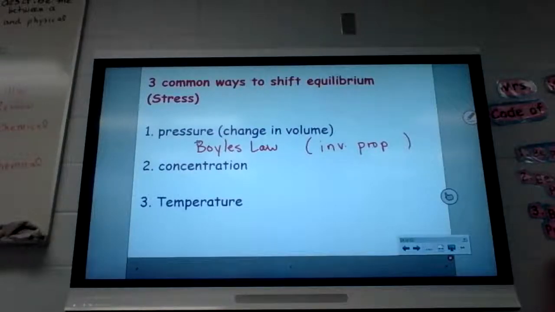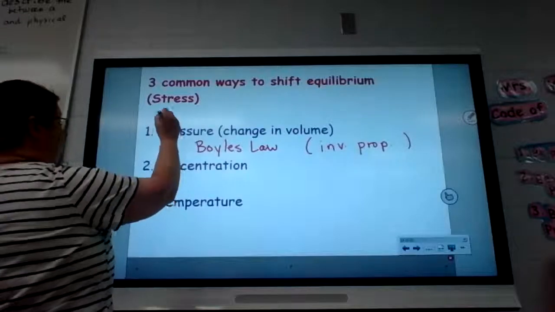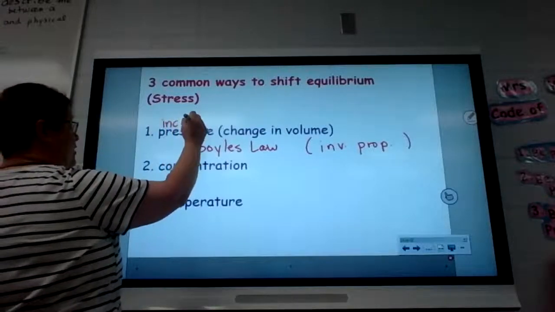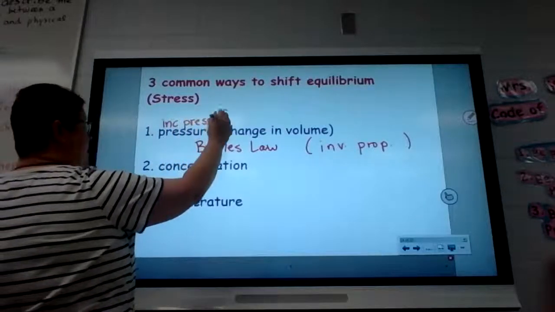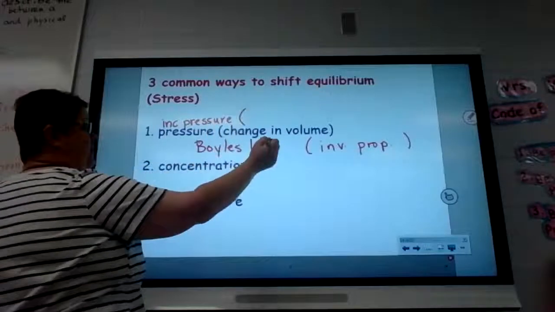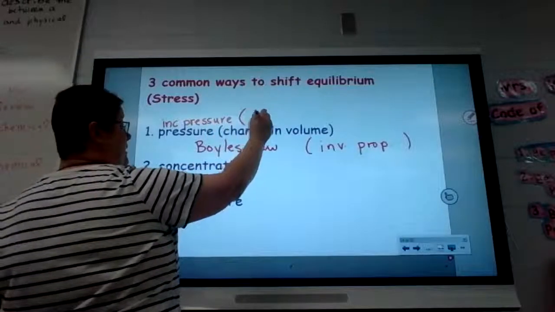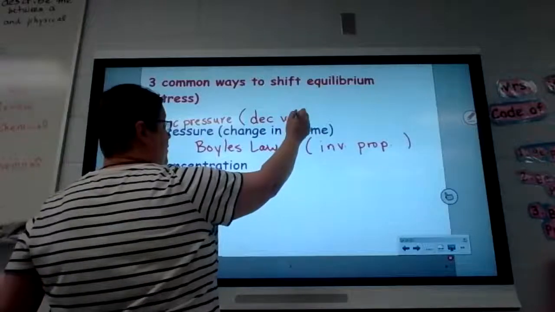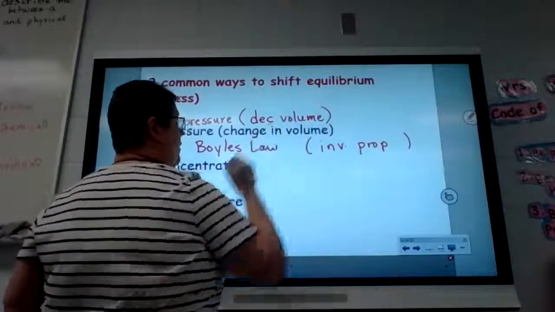So they might say something like, if we increase pressure in the question, they might say they did what to volume? So instead of saying we increase pressure, it's the same thing as saying we do what to volume? We decrease the volume. That would be the same thing, okay?